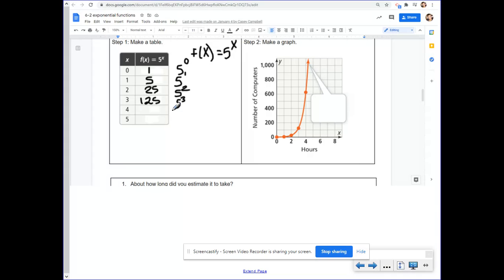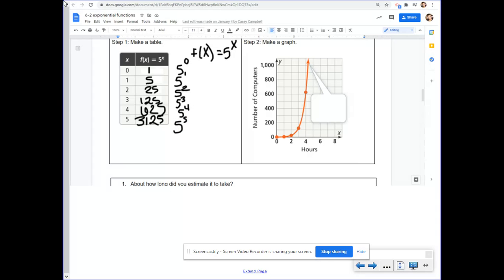There's an easy way to type that in your calculator. Did I show you yesterday? Okay, so you can use that. 5 to the fourth power, 625, and 5 to the fifth. A lot of people think that that is taking 5 times 4, taking 5 times 5, but let's make sure we know what we're doing.